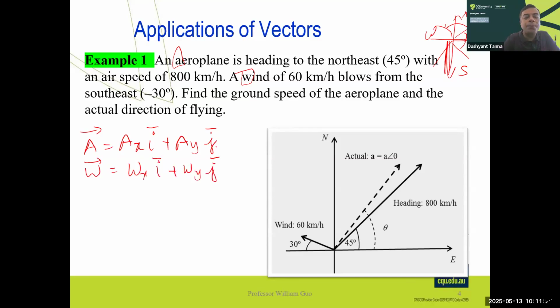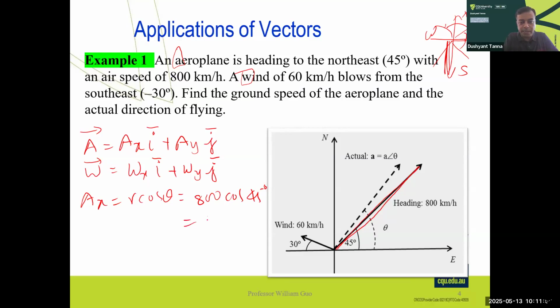Now, let's focus on AX first of all. The X component is R cos theta. The length is 800, and cos theta is cos 45. So from R cos theta, that is 800 cos 45. Cos 45 is 1 on root 2, so that will be 800 on root 2, or 400 root 2.